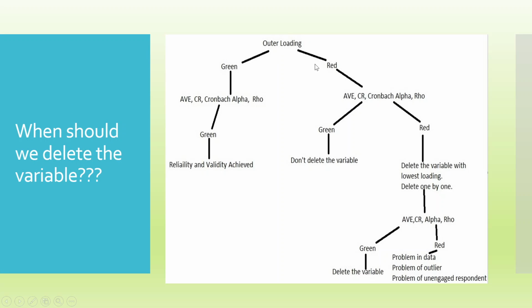Now, if outer loading is red, so this is our second case. If everything is green, you will not delete the variable and reliability and validity is achieved. But if outer loading is red, as in our case where one variable was red, check the overall AVE, CR, Cronbach alpha and rho. If they are green, don't delete the variable.